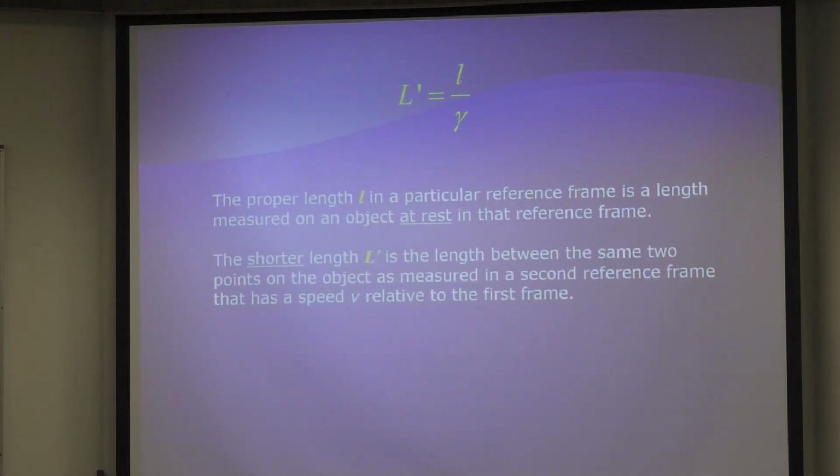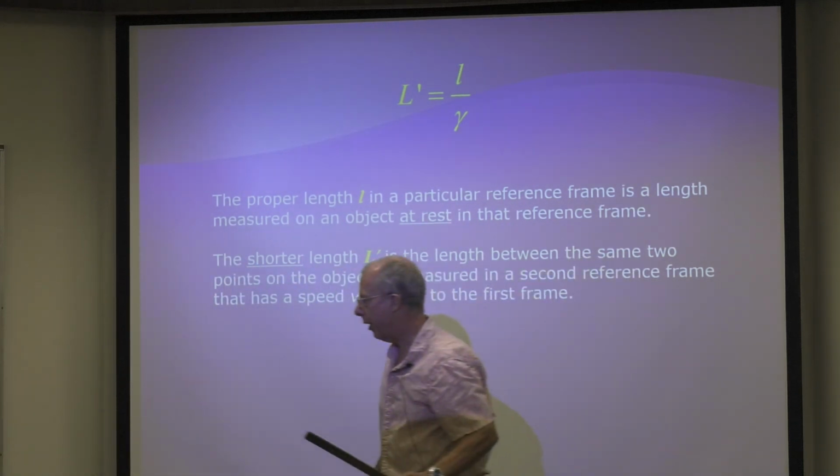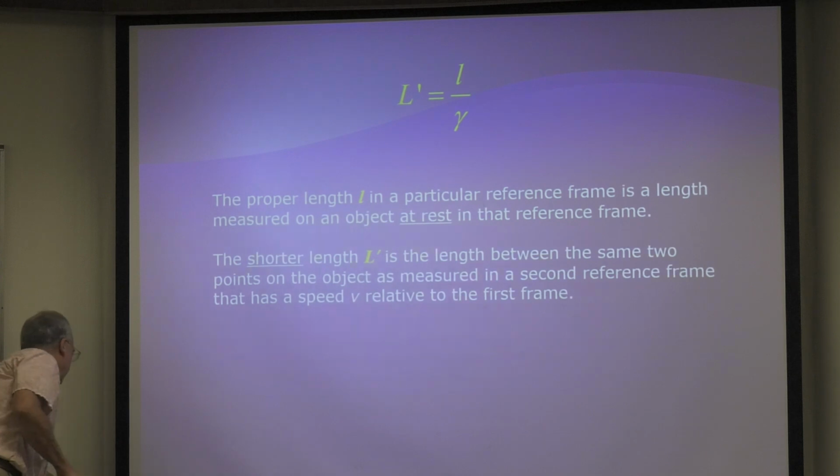The shorter length, uppercase L prime, is the length between the same 2 points on the object, one end to the other end, as measured in a second reference frame that has speed v relative to the first. So if I'm doing this, according to me, you're moving, I'm stationary, right? So you're going to measure the shorter length.